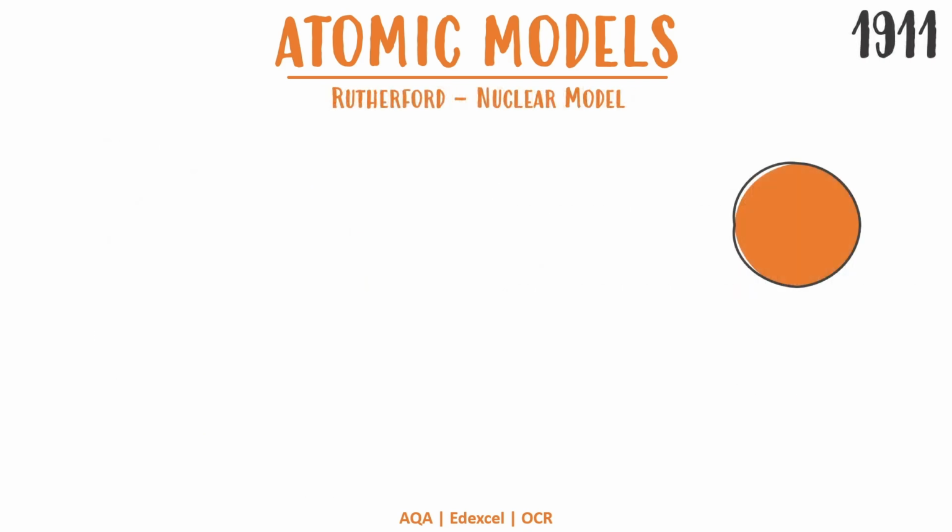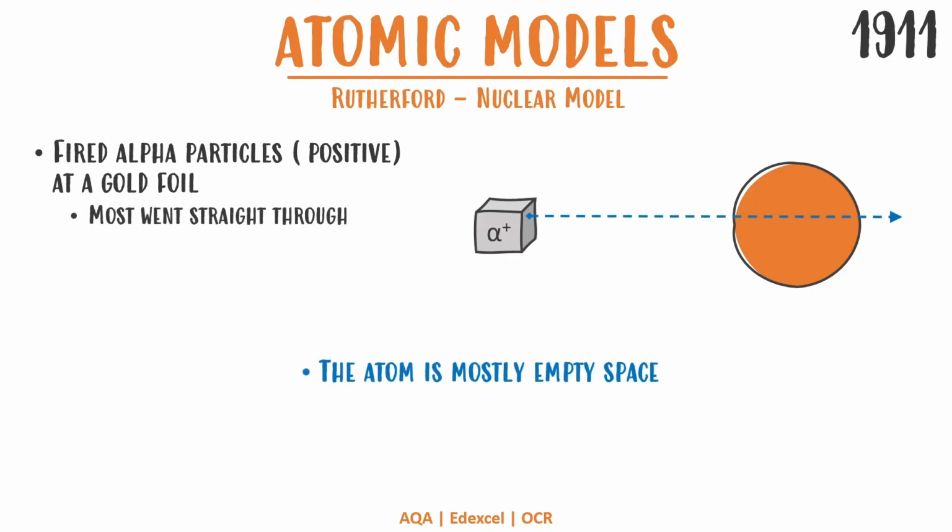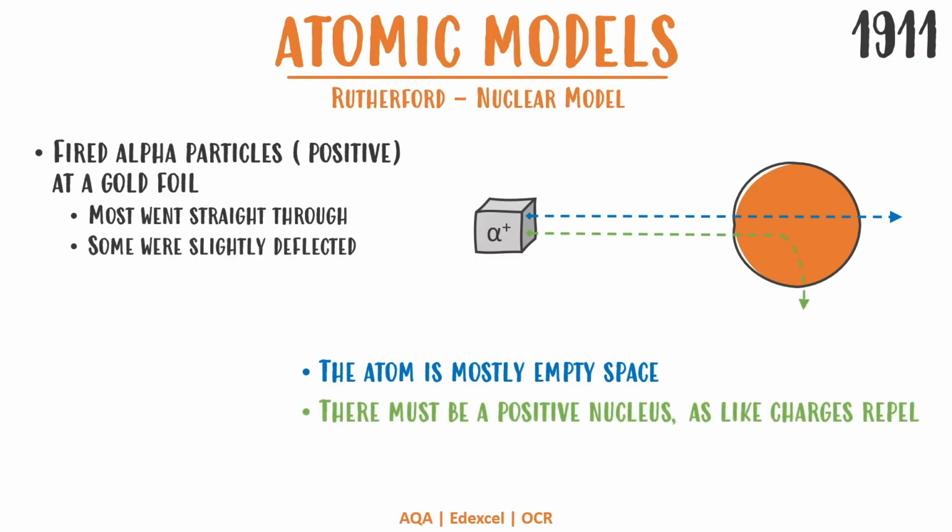After which, Rutherford came up with the nuclear model, where he fired positive alpha particles at a gold foil. And he found out 3 things. Most alpha particles went straight through. This demonstrated that atoms are mostly empty space. He also found that some of them were slightly deflected, which must have suggested that there must be a positive nucleus, as like charges repel one another.